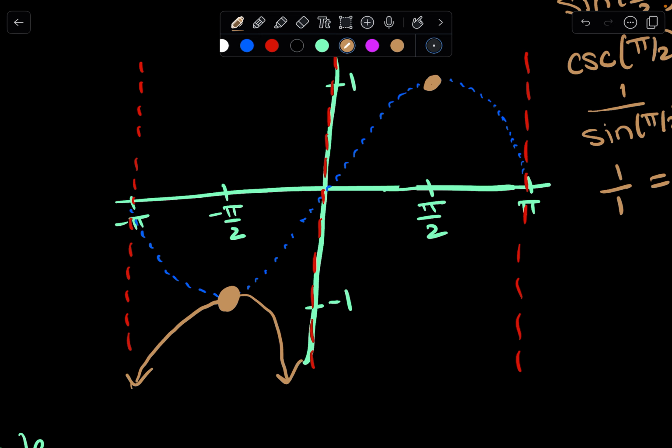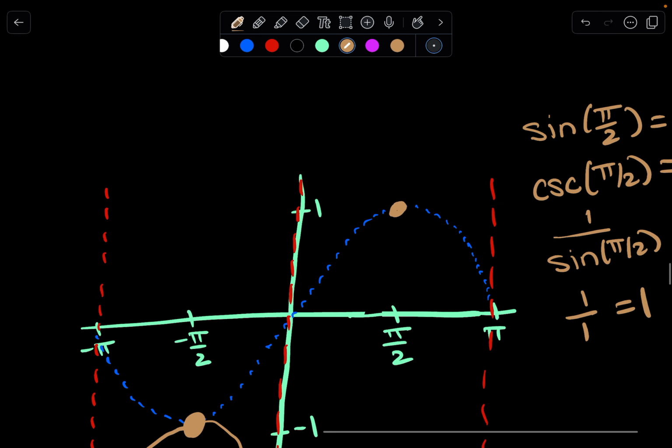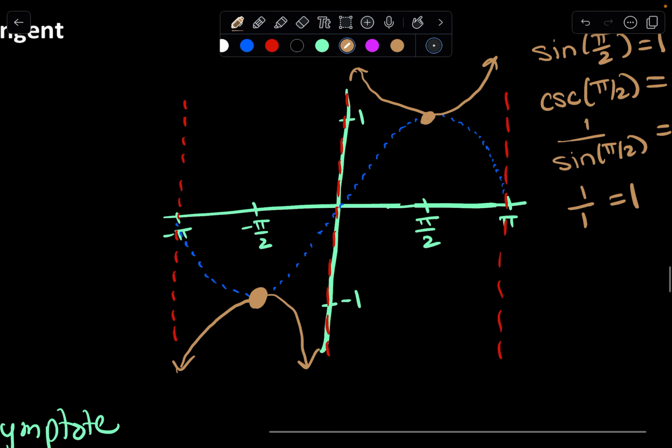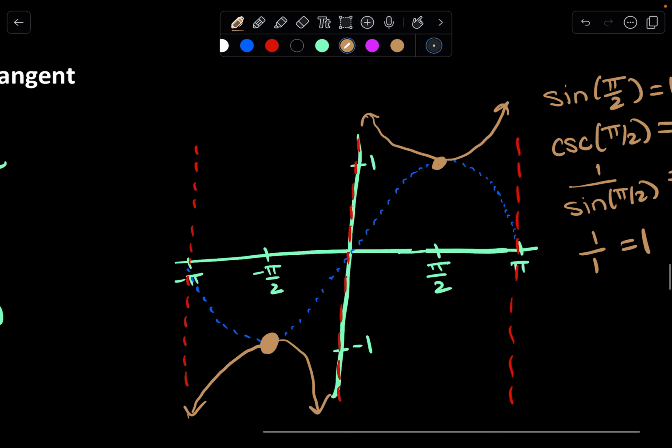And it decreases to infinity. Even though there's an asymptote there, sine is increasing into pi over 2, which means cosecant will decrease and then increase. So we can see that reflection from those minimums and maximums that are occurring.